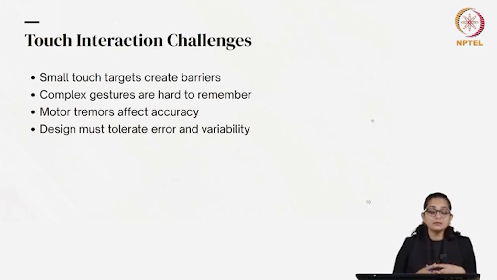So your application design should think at the time of design itself about tolerating error, about all of this variability of interaction. And if you again go back to your basics and look at the WCAG guidelines, there is a lot about touch targets, etc.